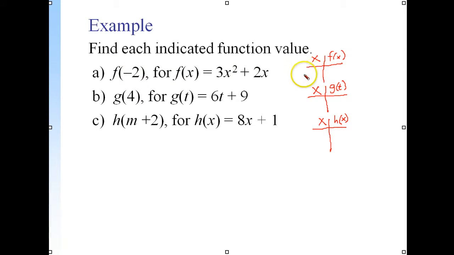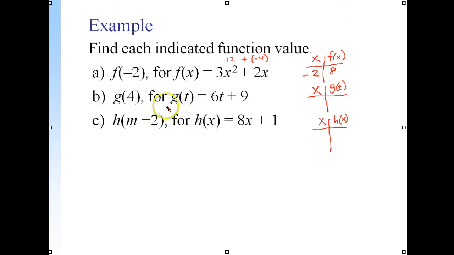So here we're going to put a negative 2. Now if we put a negative 2 in there, what does it become? Well, negative 2 squared is 4. 3 times 4 is 12. This is going to be 2 times negative 2 is going to be a negative 4. And this is going to be an 8.